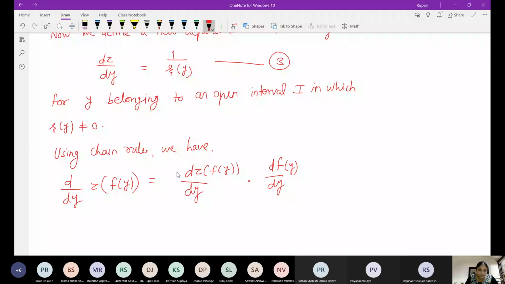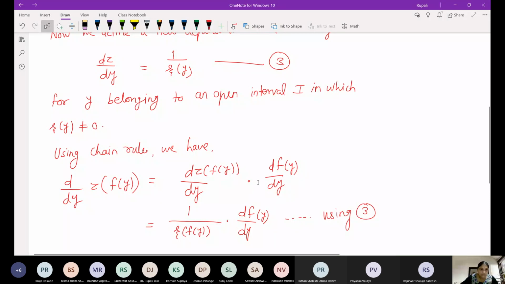So this can be written as 1 upon xi of f of y into df(y)/dy, using equation 3.